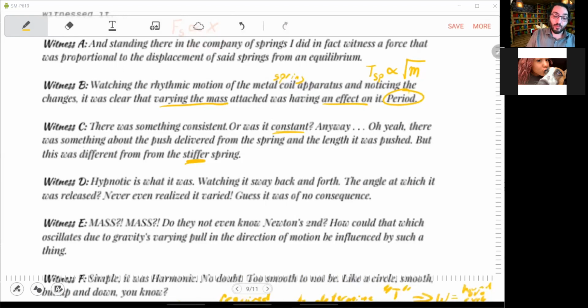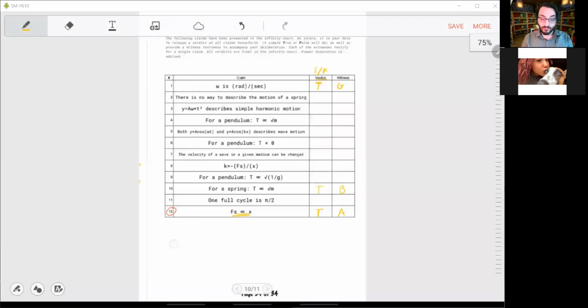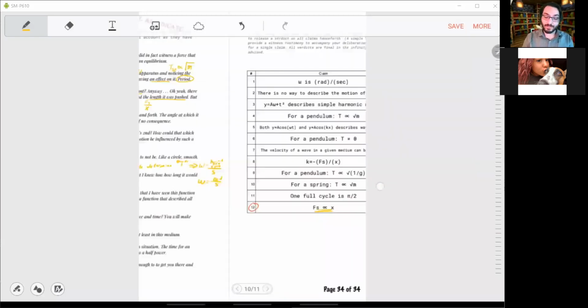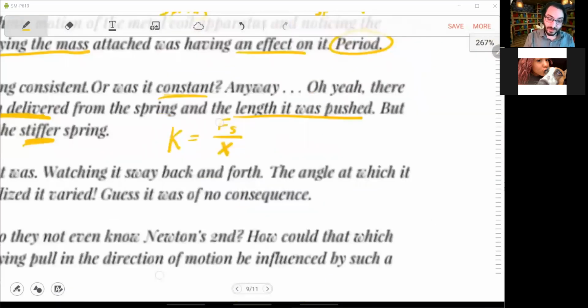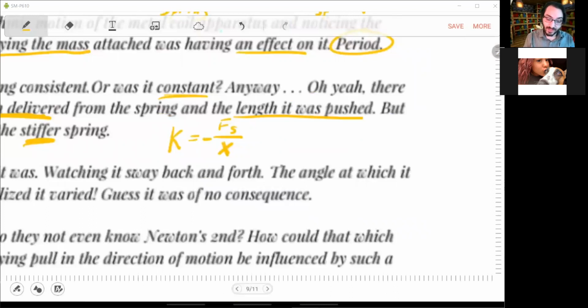There was something about the push delivered, the force, and the length it was pushed. K is equal to Fs over X, right? That is the relationship of what a spring constant is. How much force you get per displacement. So coming over here, negative. Sorry, I forgot the negative, of course. My apologies. Hooke's law, negative kx.